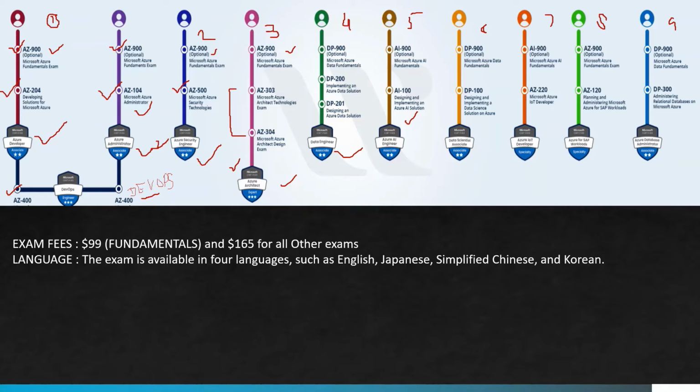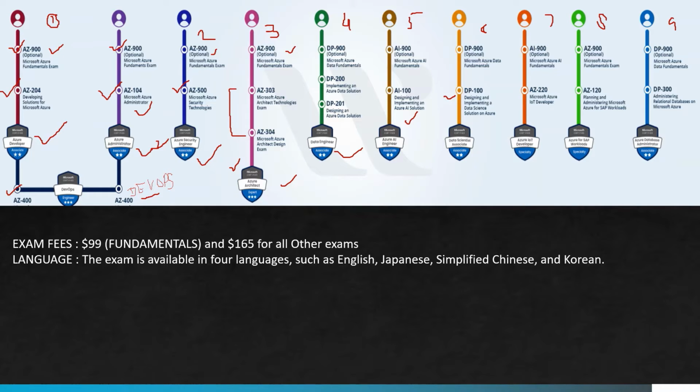Now if you want to become a data scientist, then you have to pass the DP 100 certification. This is another route, another path of Azure certification.